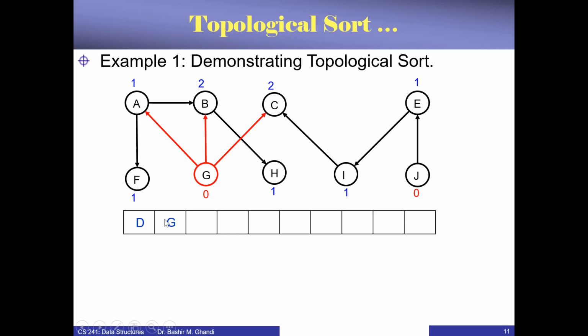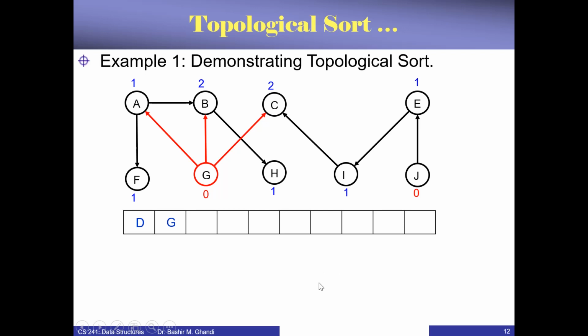Okay, so we visit G and put it in our table, and then delete G along with the edges emanating from G. So while we do that, we have to update the in degree of the adjacent vertices. So A will reduce to 0, in degree of B will reduce to 1, and in degree of C will also reduce to 1.